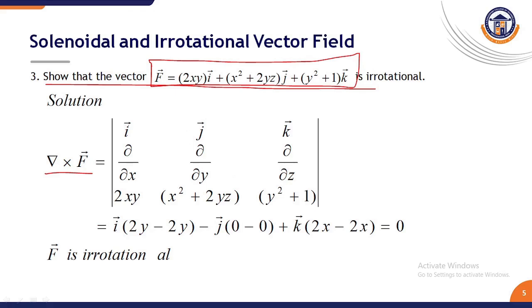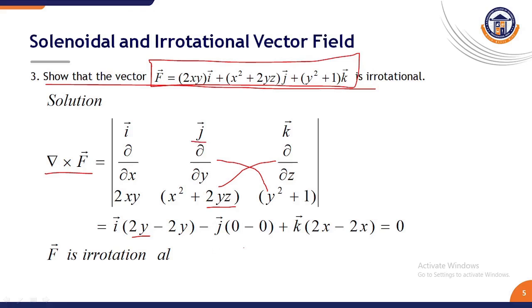So the first one, i into dou by dou y of y square plus 1, that means 2y, minus dou by dou z of x square plus 2yz. That is z term differentiation, 2y. So i into 2y minus 2y.